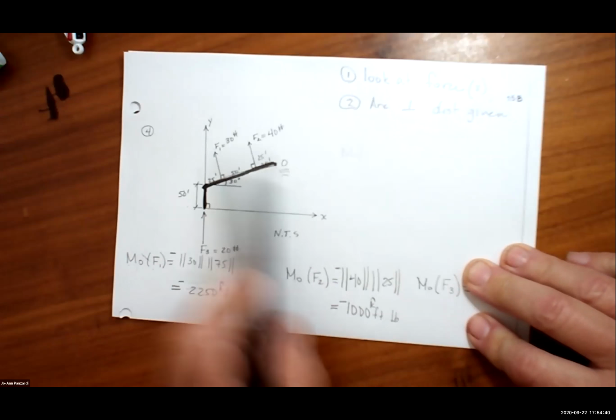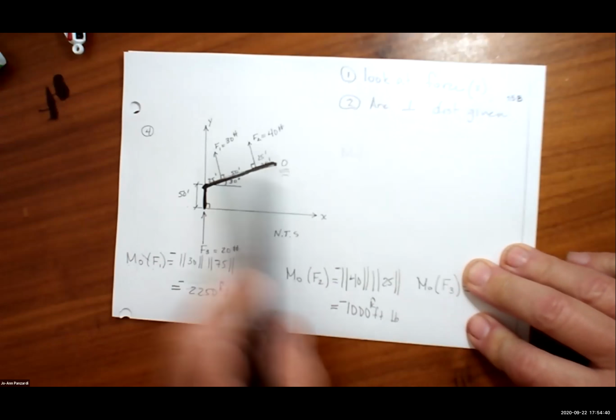So now, Victoria? Okay, what is the value of the force? 20. What is 100 times cosine of 30? 86.6. Great. And it doesn't matter whether it's positive or negative, right? We only need the absolute value.